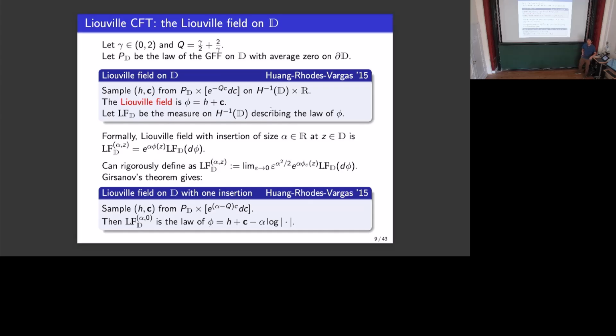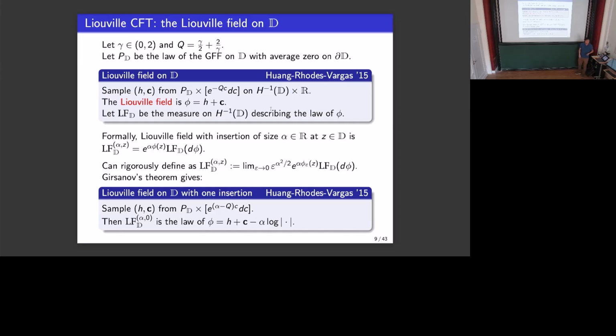So if you have a real number alpha and a point Z on your disk, you can consider what happens if you take a Liouville field and you weight by the exponential of the free field at that point. This doesn't make literal sense, so you have to use some kind of regularization and renormalization. And that allows you to define the Liouville field with an insertion of size alpha at the point Z. Okay, so this tells you how to add one point insertion to your Liouville field on the disk.